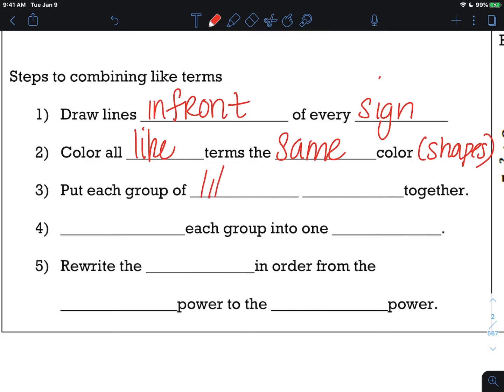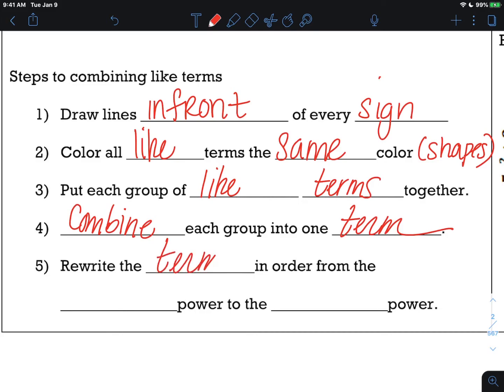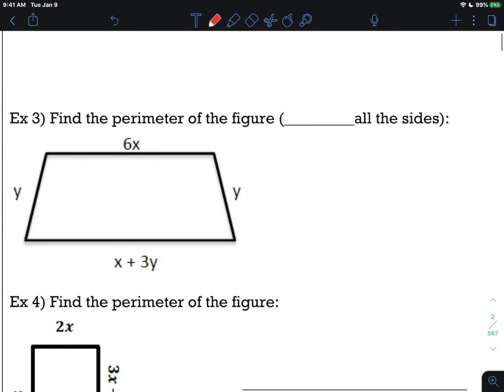Put each group of like terms together and combine each group into one term. Rewrite the terms in order from the highest power to the lowest power. So that seems like a lot to me already. I'm going to show you the simplest way for us to do it.